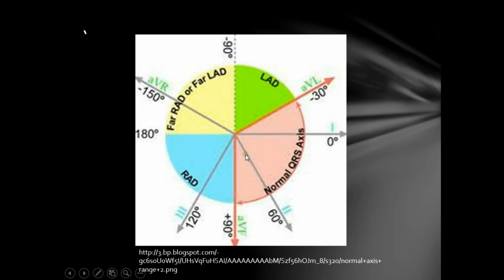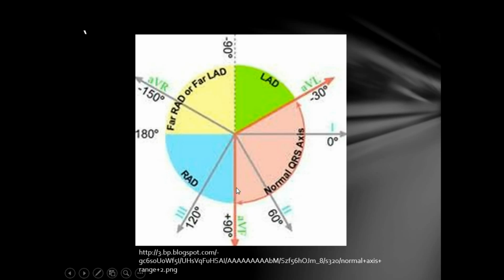So again, if the cardiac axis is more than 90 degrees away from the lead in any direction, then we would consider the cardiac axis to be moving away from that lead. If it's within 90 degrees of a specific lead, as for example between 0 and 90 and 90 and 180 of aVF, then we would consider the cardiac axis to be moving towards that specific lead, and that lead would be positive.